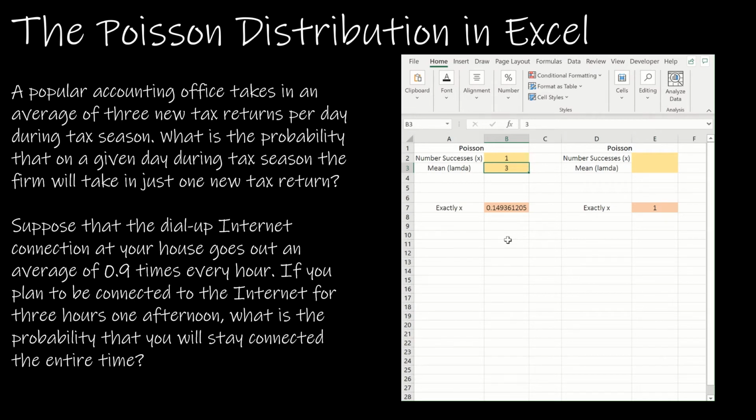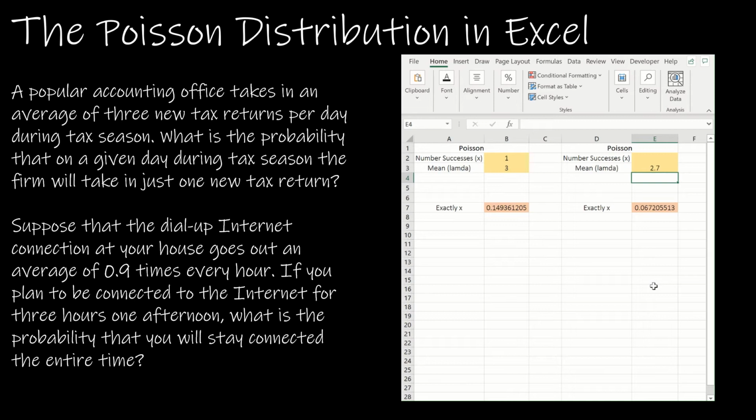Notice it says an average of 0.9 times every hour, but the question asks for over a 3-hour span of time. So the mean is 0.9 times every hour, so over 3 hours, that means 2.7 times I would expect over the course of 3 hours.